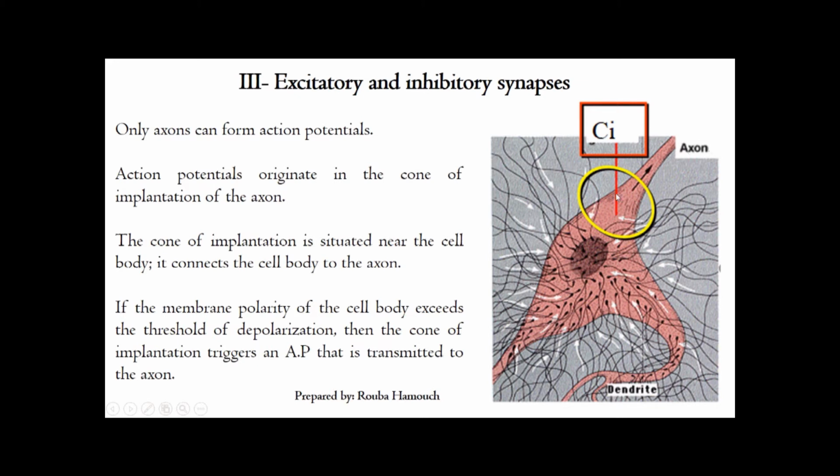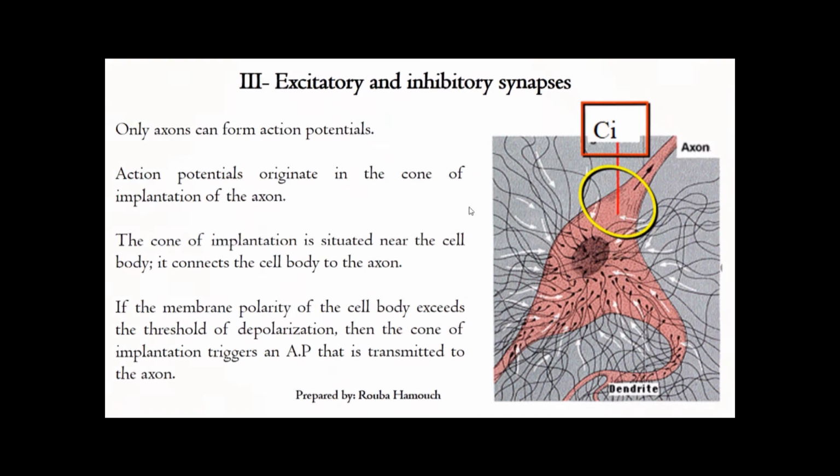The action potential originates here in the cone of implantation that separates the cell body of the neuron and the axon. The cell body will present a change in its polarity, a depolarization that, when it exceeds the threshold, creates here an action potential, and the action potential is transmitted along the axon.